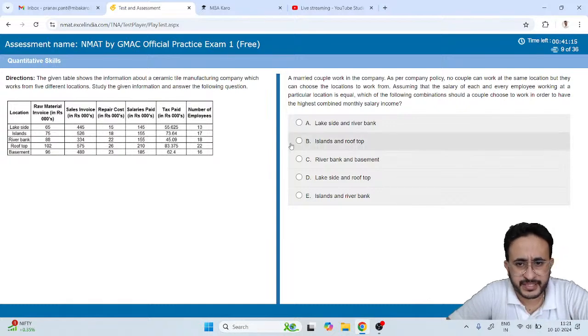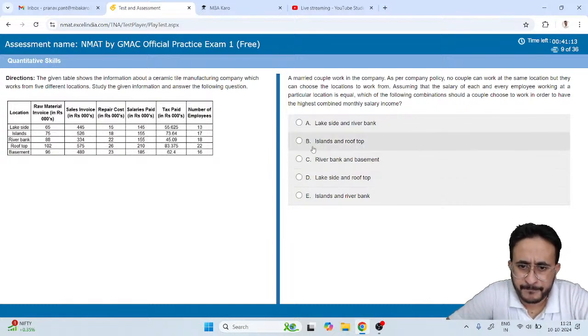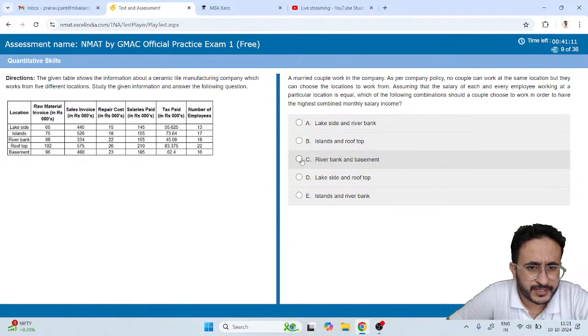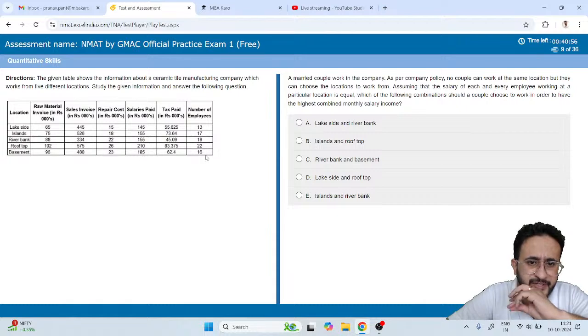Highest combined Lakeside and basement. River bank and basement it says. Basement is definitely high. 185 by 16 is very high. And this is also high.